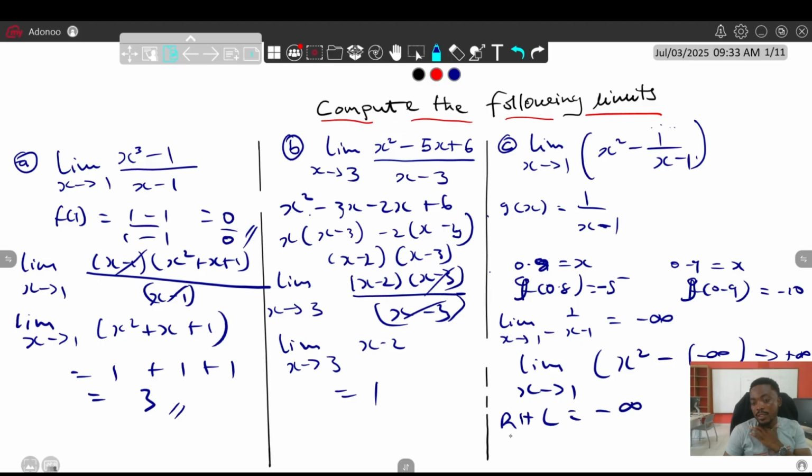Negative infinity, and the left hand limit was equal to positive infinity. Therefore, we can boldly say that the limit does not exist. Right? Okay, so let's go on to the next example.